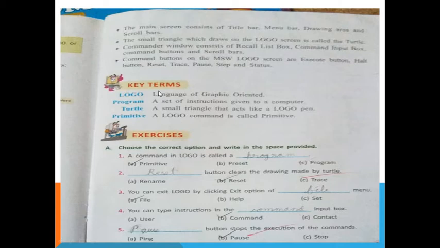The commander window consists of the recall list box, command input box, command buttons, and scroll bar. There are vertical and horizontal scroll bars, and the list box, the recall list box, the command input box, and command buttons.